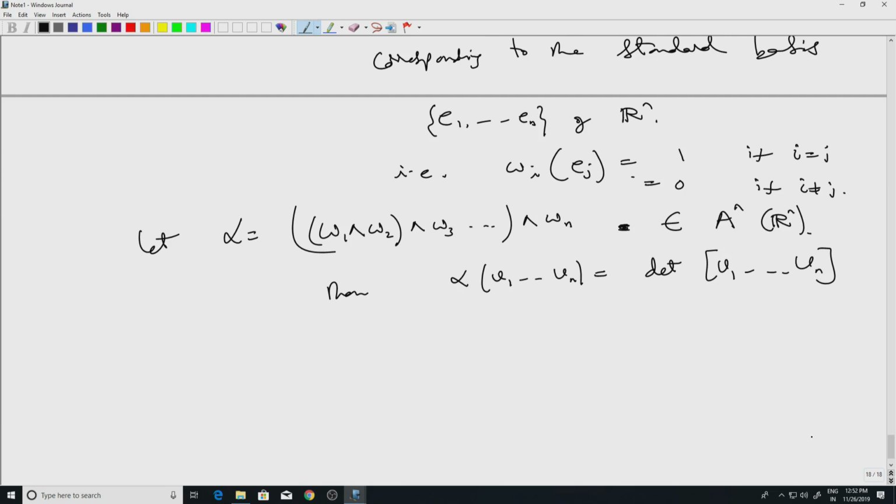So, how does one prove this? One can try to do this explicitly, but there's a nicer way of going about it, namely first prove the associative property of the wedge product, and then observe that once one has the associative property, it will follow that the space of n forms has essentially only one element up to scalar multiples, and that's the determinant, and then it becomes a question of determining what the multiple is.